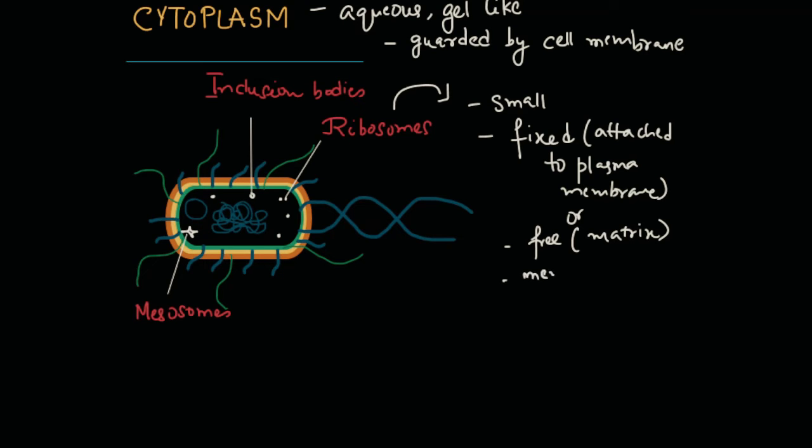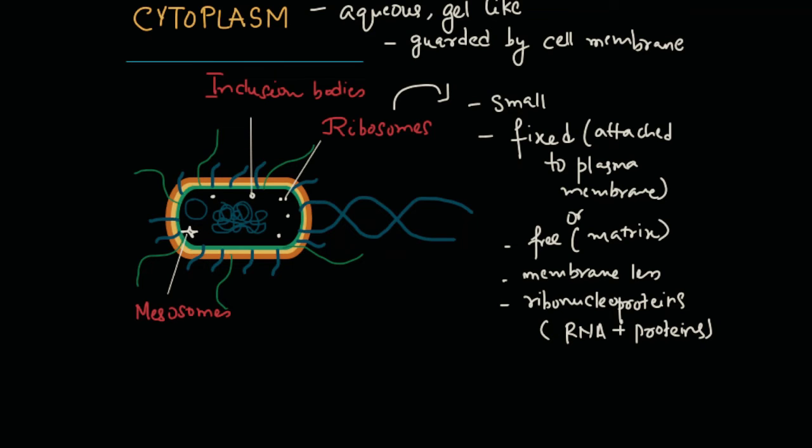They are membraneless structures. They are composed of ribonucleoproteins. This means ribosomes consist of two things, RNA as well as proteins. Hence the name ribonucleoproteins.